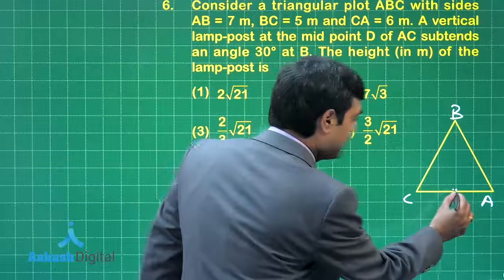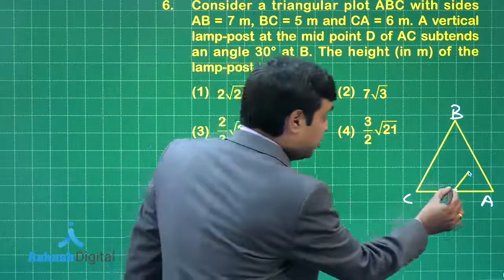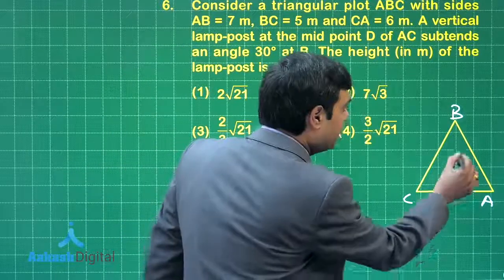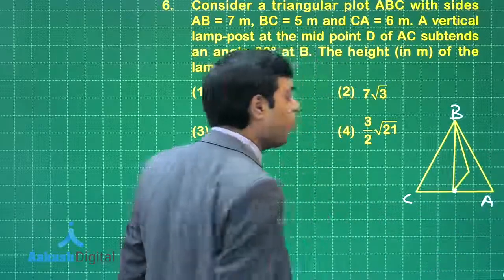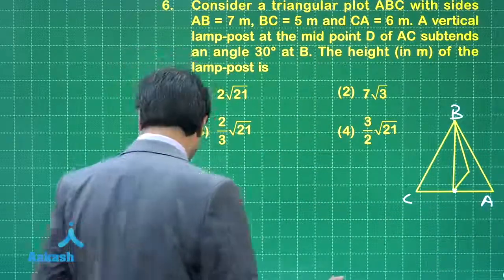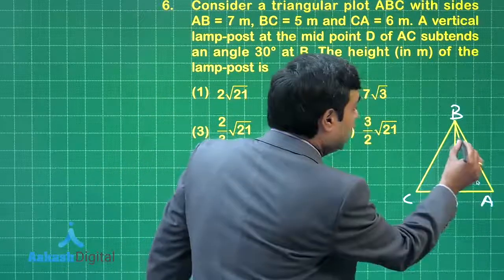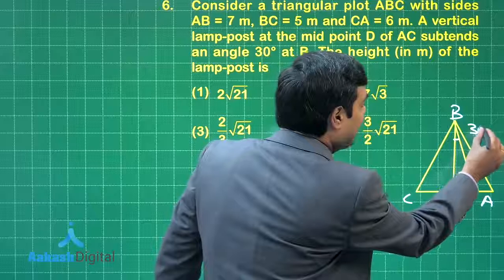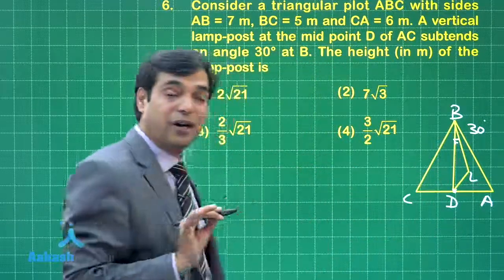Let's make it like this. Correct? Next, when you join this midpoint with B and also B with the head, that is top of the lamppost, you can mark here the points like D and say here L. Mention that this angle is 30 degree. Correct? This is the total data given to us.